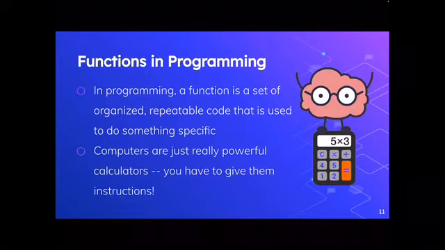That might not make too much sense, but for example, if you have a function that adds two numbers like a and b, you could say function 1, 2, and it could add 1 and 2 together to get 3. You could put in 5, 4, and it comes out with 9. So you can make functions to do all kinds of things, but we'll see more examples in the next few slides.